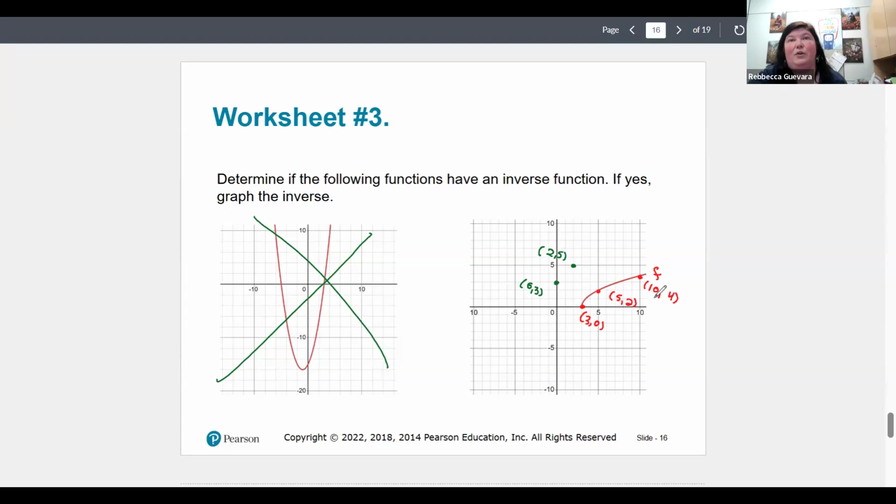Instead of having 10, 4, we're going to look at 4, 10 for the inverse. Graph that again. Let's try to do this by hand. It's not always that smooth. So we see that is right there, the inverse.